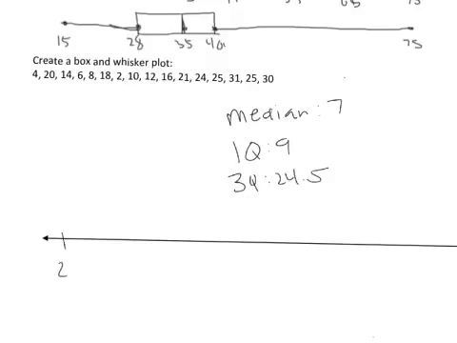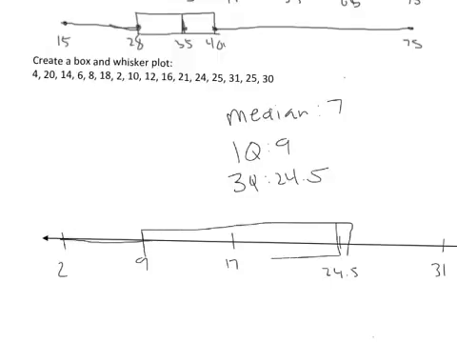I'm going to do a quick sketch for you. Biggest number is 31. You have a point at like 24.5. You got a point at 17 and also at 9. And when you do this whole plot thing, you got this point, you got your box.